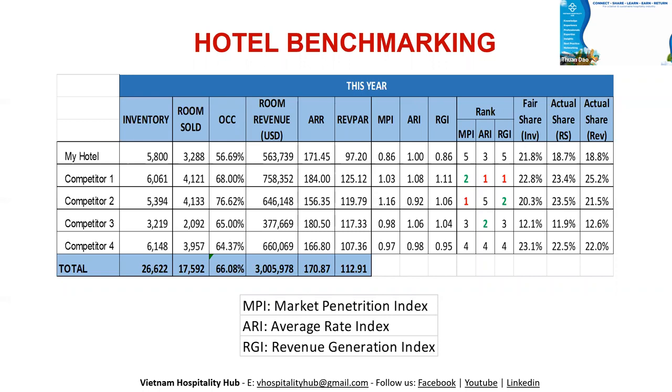So if you say your performance is much better than your competitors, you need a base. This base we call a competitors benchmarking report. This is how the benchmarking report works.